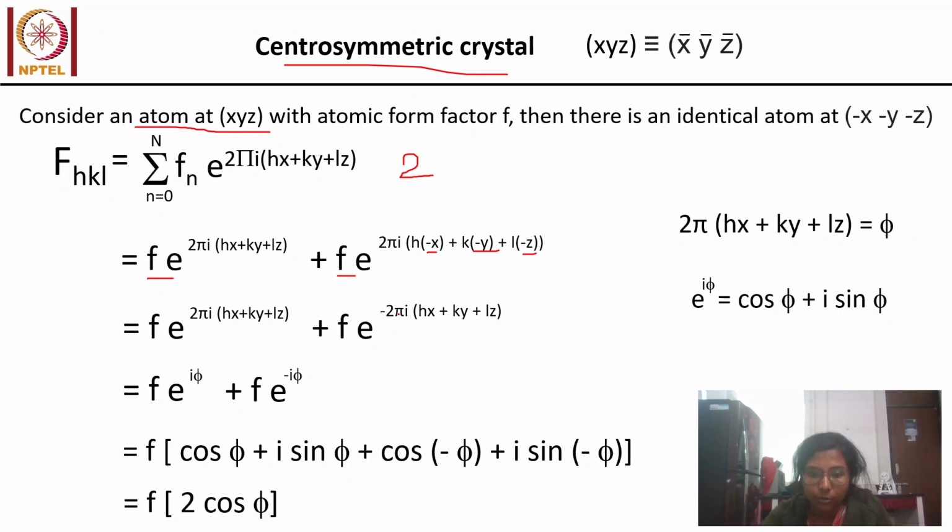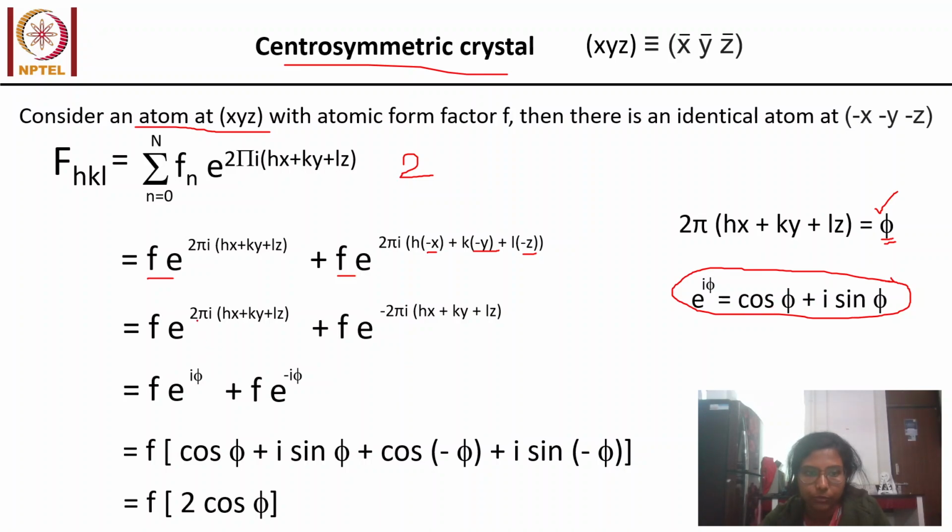Now we will take this as some phi, so that we can use this formula. This is a very common formula that we have used a lot when we were studying, that e to the power i phi is equal to cos phi plus i sin phi.